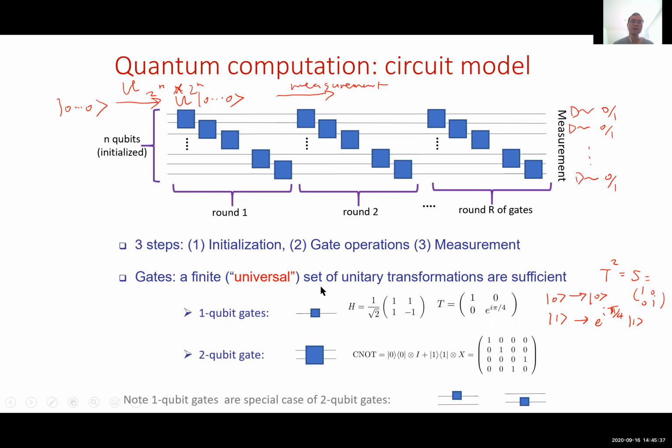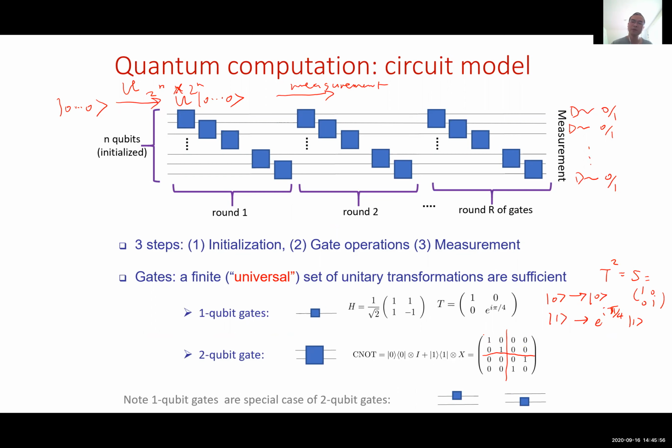The non-trivial gate that involves 2 qubits, you only need one, and one particular example is the CNOT gate that we have seen before, which basically uses this 4x4 matrix.